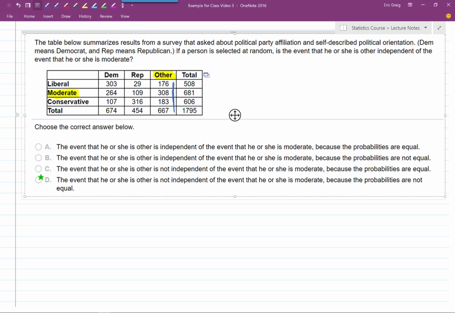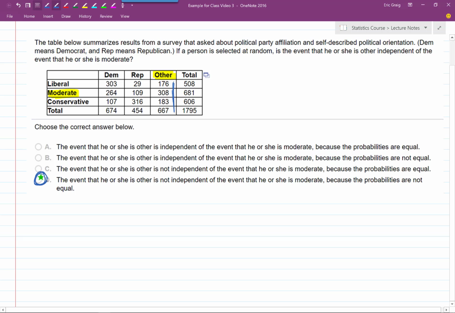So the correct answer is answer D. And that's, I think, really the best way to think about problems like these. That's also essentially what this idea of independence and dependence is all about. If I know one thing about you, does that give me any ability to predict something else about you? And in this case, and I think in most cases actually, it does.